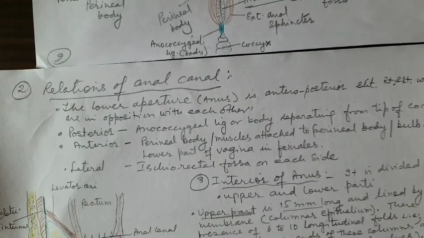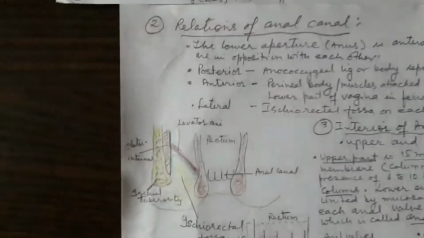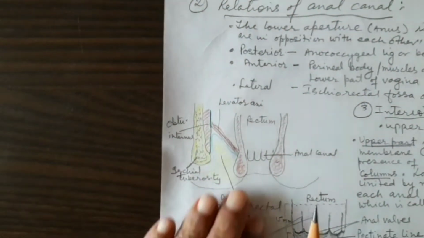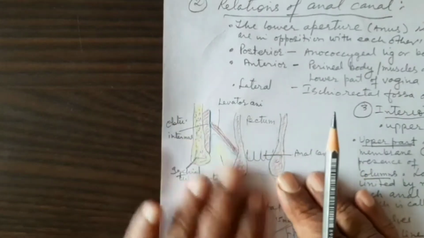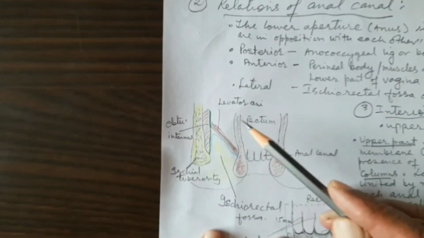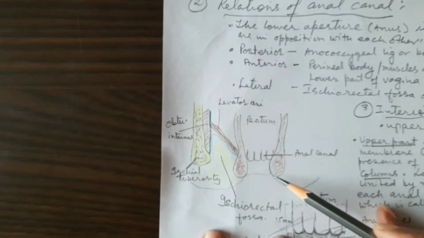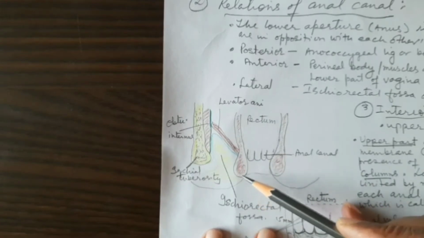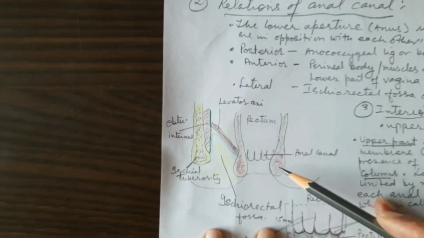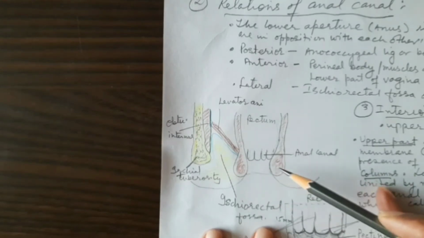Laterally, I have already told you that its lateral relation is the ischiorectal fossa on its side. Let us understand this diagram to understand the lateral relation. Now, this is the lowermost part of the anal canal, cut in a coronal section. This is where the external anal sphincters are. Just remember, I will tell you in great detail about these sphincters. So these are the sphincters of the anal canal.